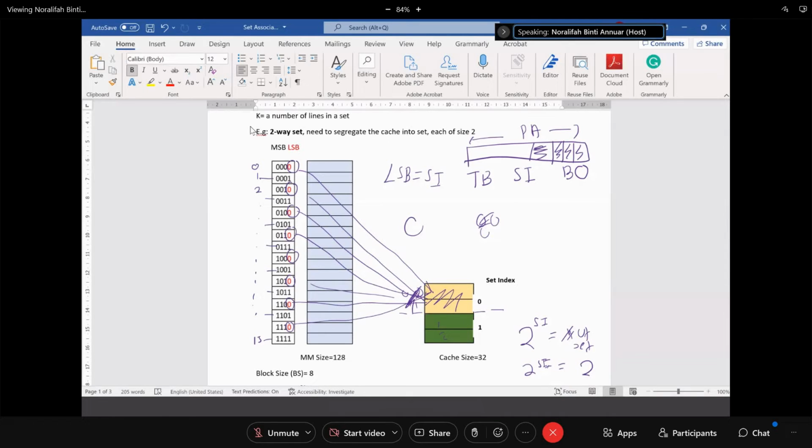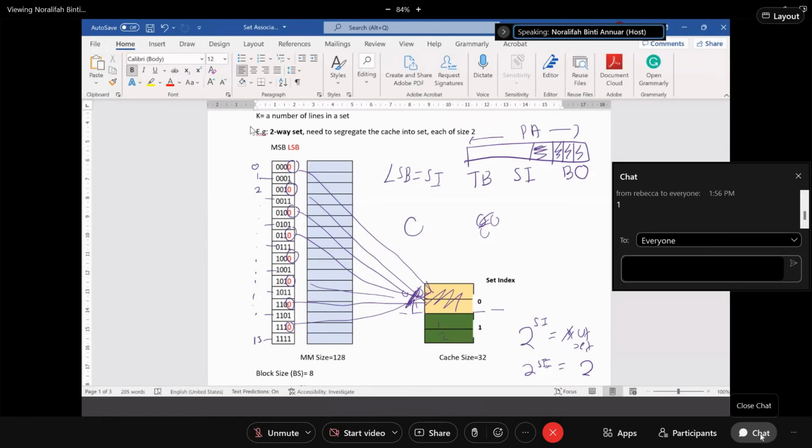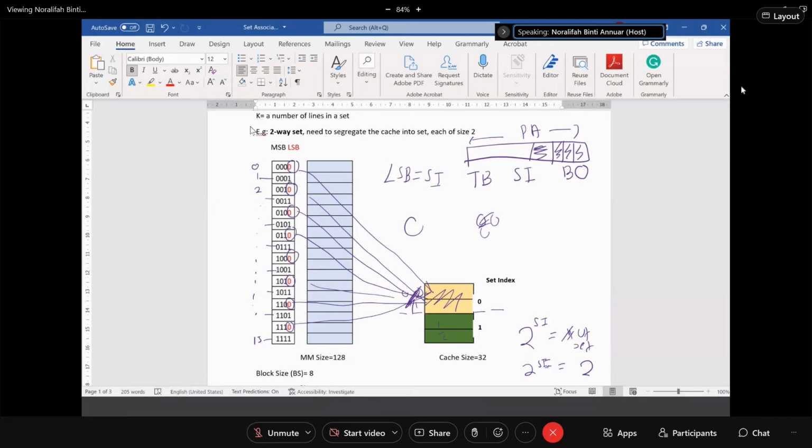You kena tahu which one least significant, which one most significant. Itu sahaja. So yang 3 ni adalah most significant. Most significant ni adalah tag bit. So 3 dah. Okay, pening kepala. Faham tak? Yang ini you tengok balik lecture note ni.